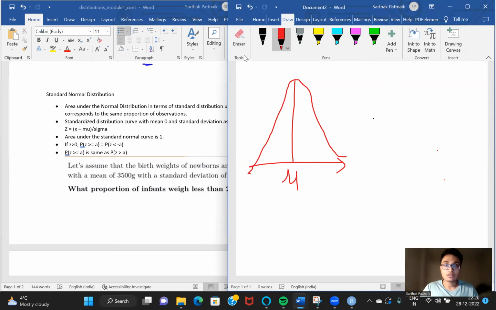So the concept of standardization is basically shifting our normal curve from its original mean and standard deviation to a standard normal curve where the mean of the distribution is 0 and the standard deviation is 1.